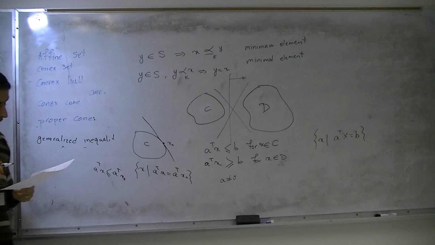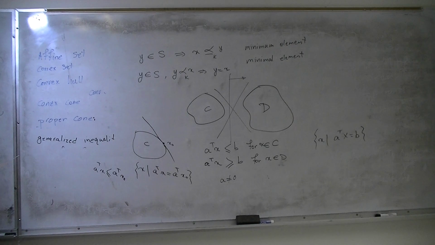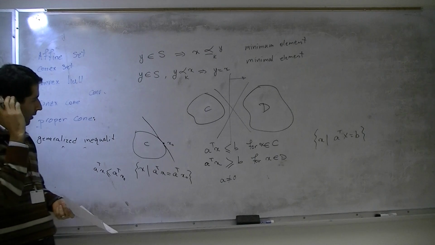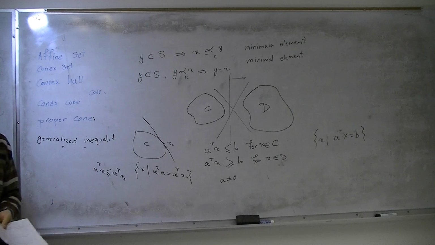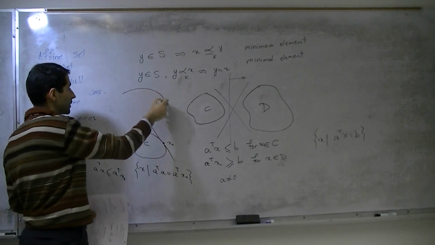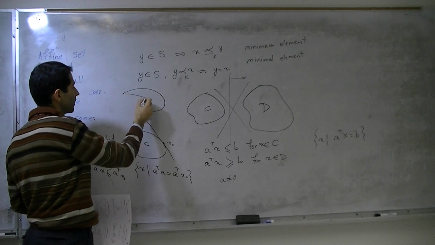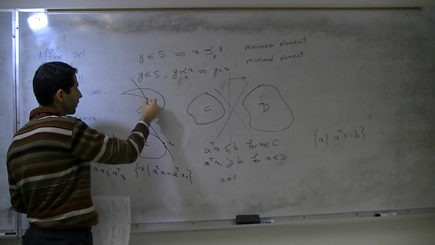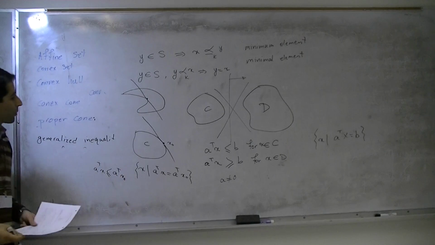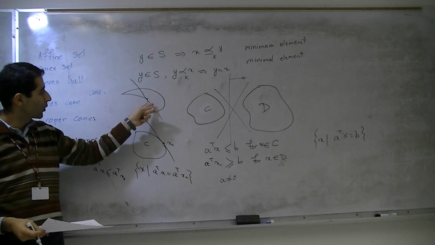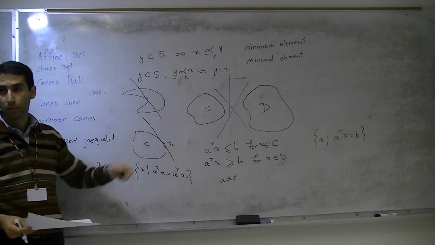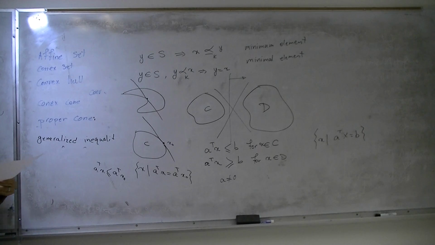If C is convex, then there exists a supporting hyperplane at every boundary point of C. It's one way that we can find that a set is convex. If we have a set something like this, at the supporting hyperplane here, some points are less than this and some points are more than this, therefore C is not convex.